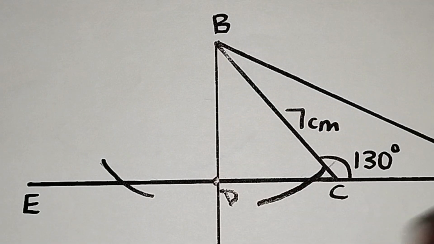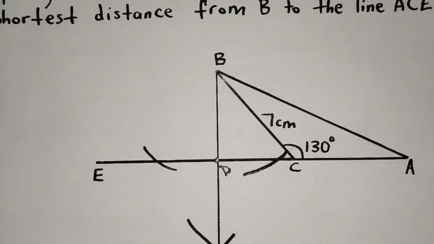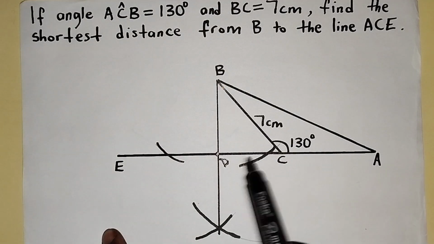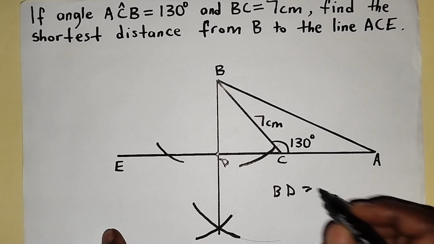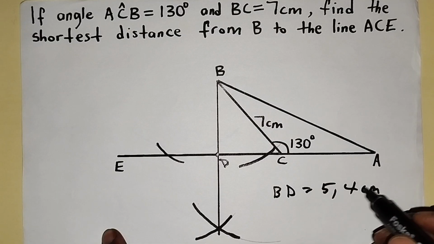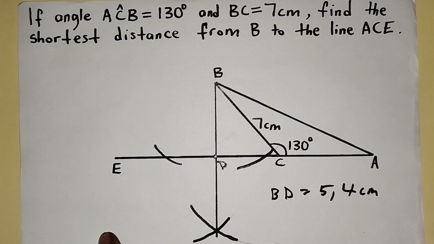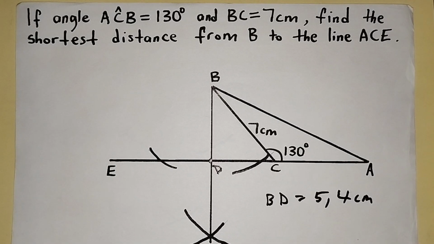So using construction, we've realized once again the distance from the point B to line ACE. Let me call it BD, equals 5.4 centimeters after measuring using a ruler. Okay, thank you for watching. Meet you in the next videos.